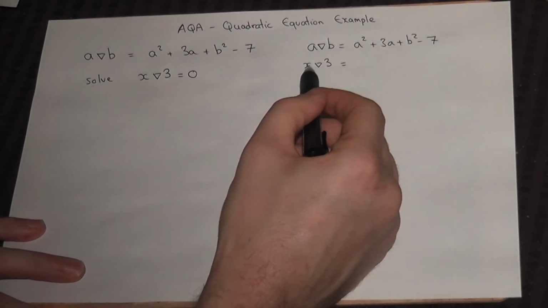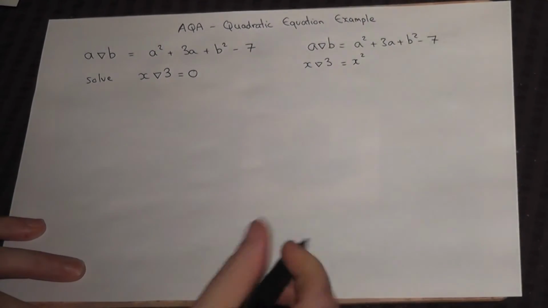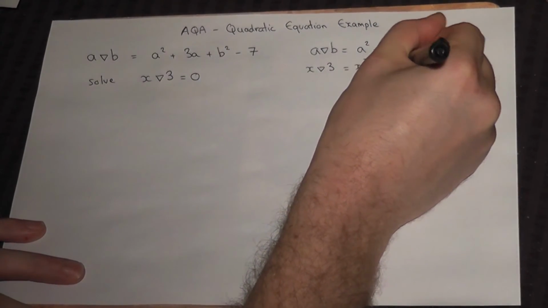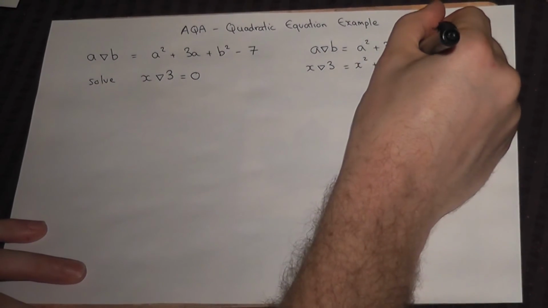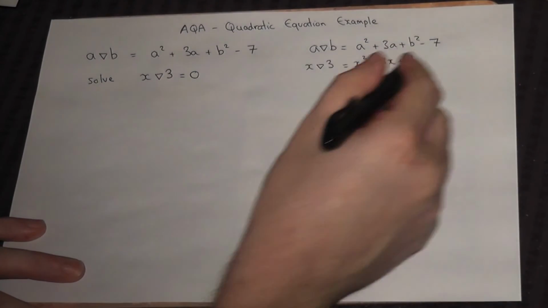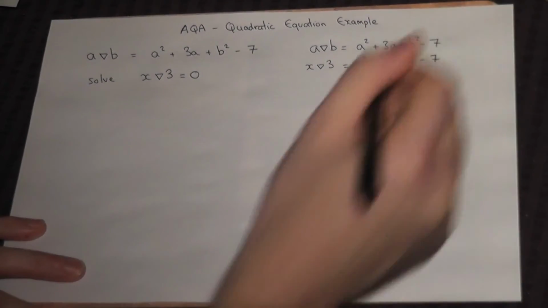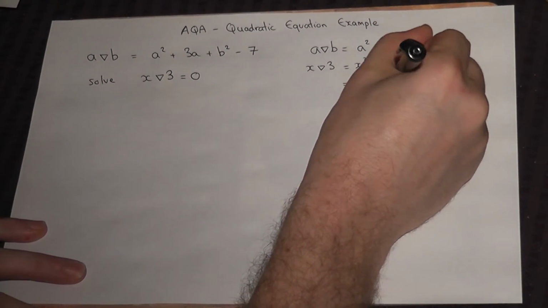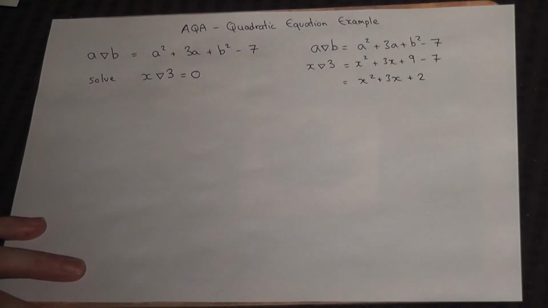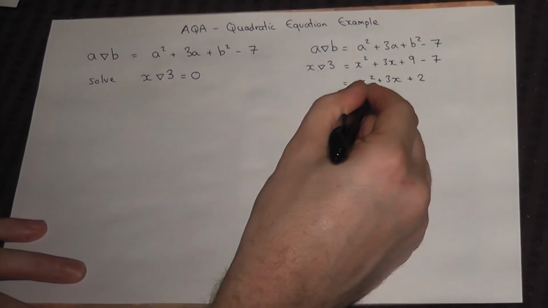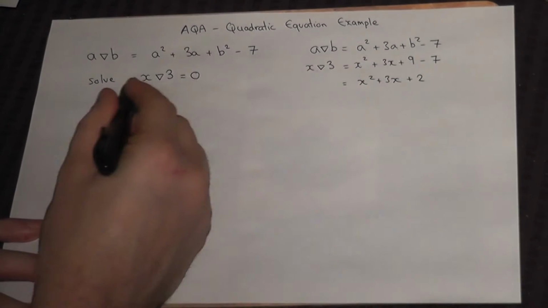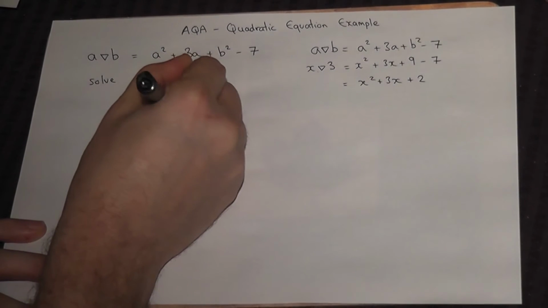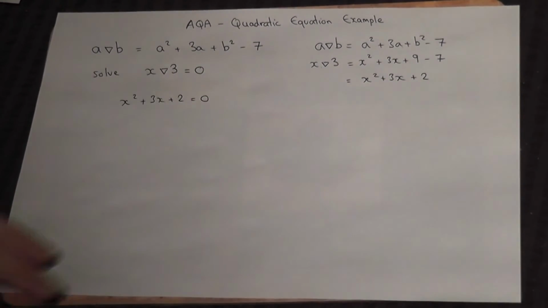So a squared becomes x squared, 3a becomes 3x, b squared becomes 3 squared, which is 9, and then take away 7, which becomes x squared plus 3x plus 2. So x operator 3 equals x squared plus 3x plus 2. So to solve this equation is the same as x squared plus 3x plus 2 equals 0.